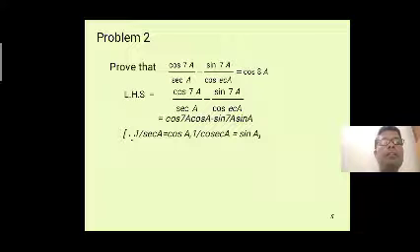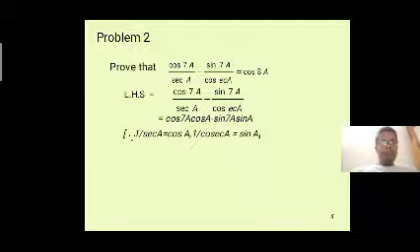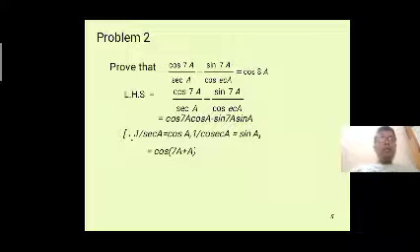You listen carefully here. 1 by secant A equals cos A. We know that secant A is the reciprocal function of cos A, and 1 by cosecant A equals sin A. The cosecant A is the reciprocal function of sin A. So in the place of secant A we write 1 by cos A, and also in the place of cosecant A we write 1 by sin A. We get cos 7A into cos A minus sin 7A into sin A. Then we write the cos A cos B minus sin A sin B formula.